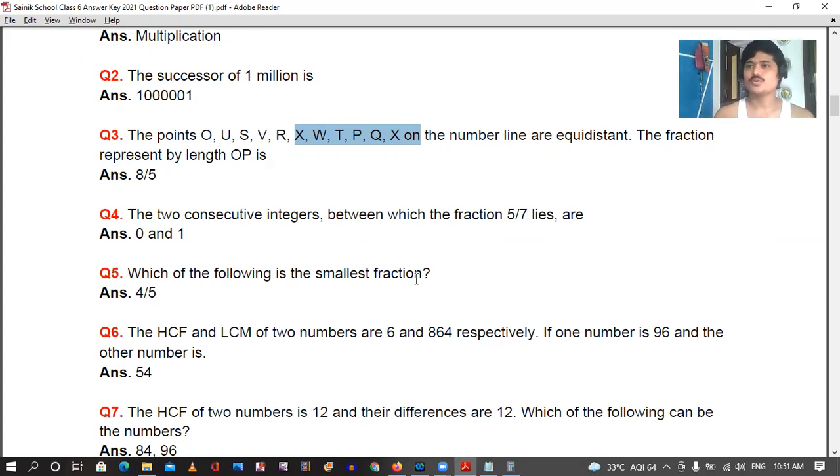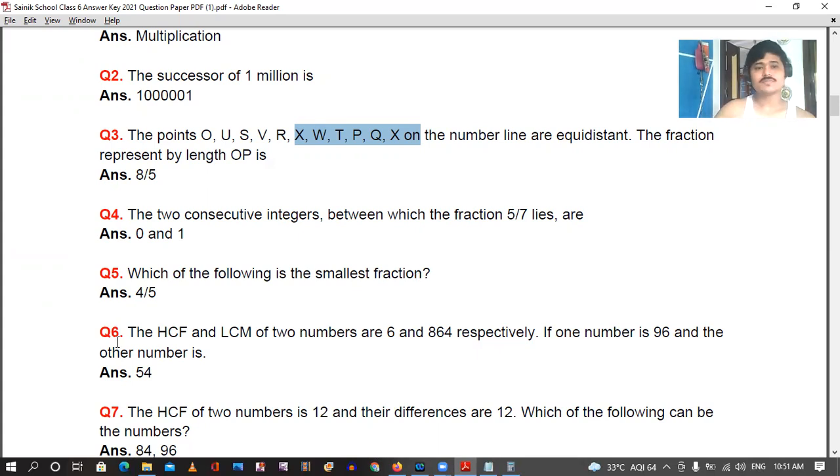Don't divide too much, only divide till 2 digits after the decimal. Don't keep on going. Like if it is 2 by 3, you can go on 0.6666667, but don't go that way. Just put it as 0.67 like that, and then see which is greater and which is smaller.